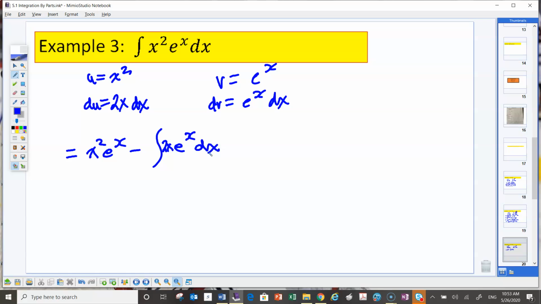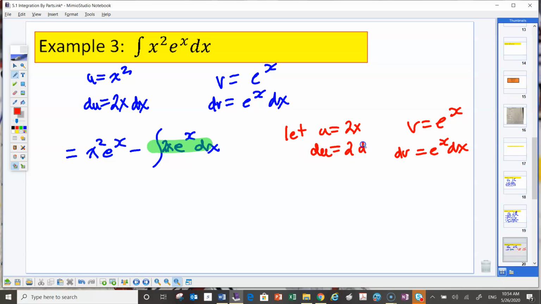So now I'm back to another integration by parts. So to be able to do this, I have to use integration by parts again. So this time I am going to let u equal 2x. And dv again is e to the x dx, so the integral is again e to the x, and the derivative is going to be 2 dx.